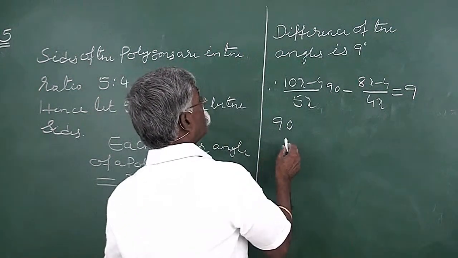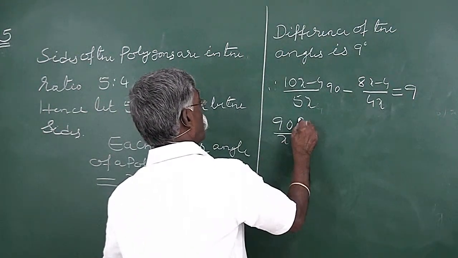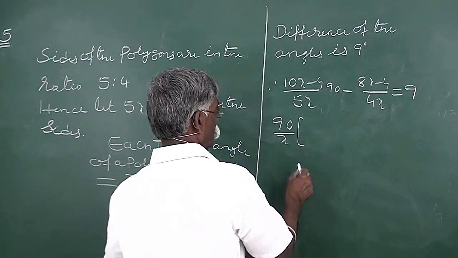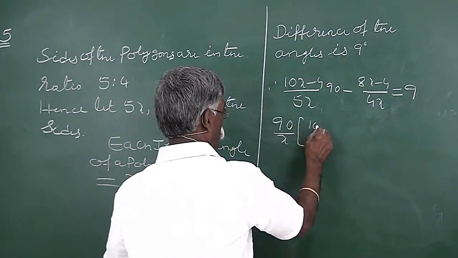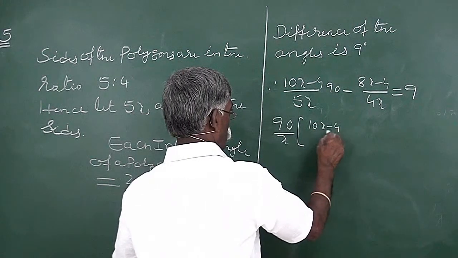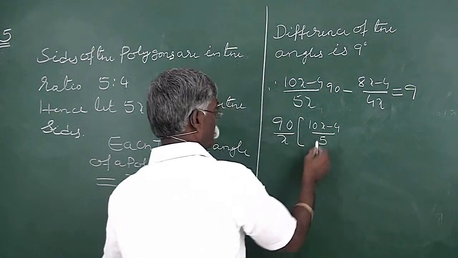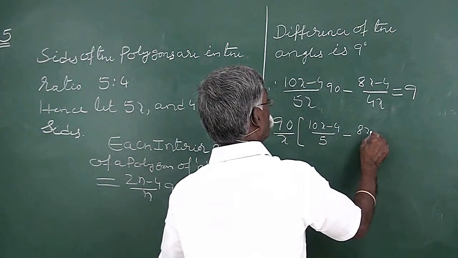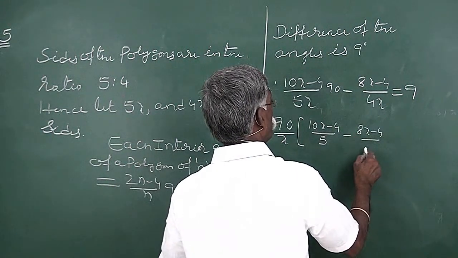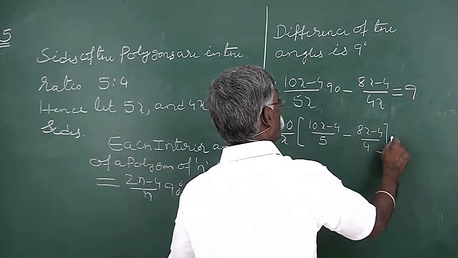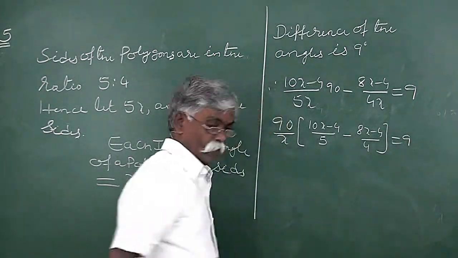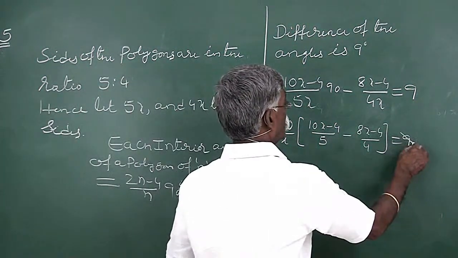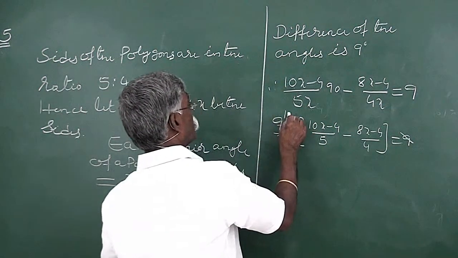Now 90 by x can be taken as common factor. Here (10x minus 4) by 5 minus (8x minus 4) by 4 is equal to 9. So 9 gets cancelled 10 times.